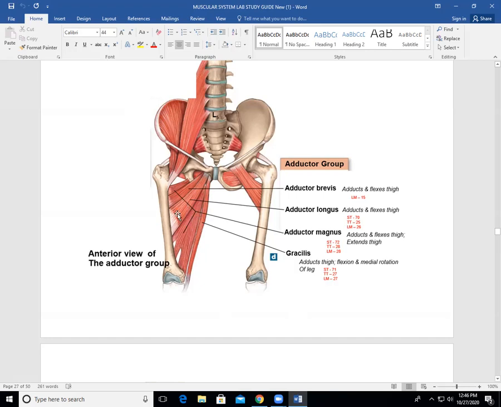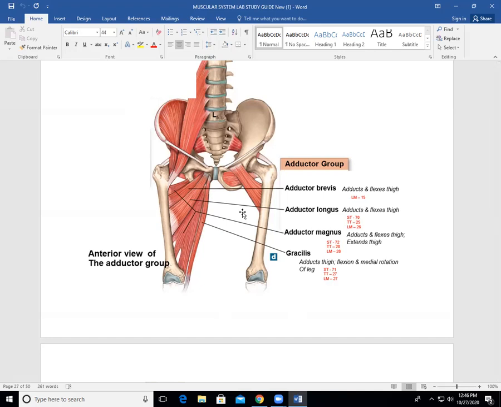Adductor longus here also adducts and flexes the thigh. Adductor brevis, the smaller one, also adducts and flexes the thigh. This thin muscle here is your gracilis. It's involved in adducting your thigh, also flexing and medially rotating your leg. That's your adductor group.